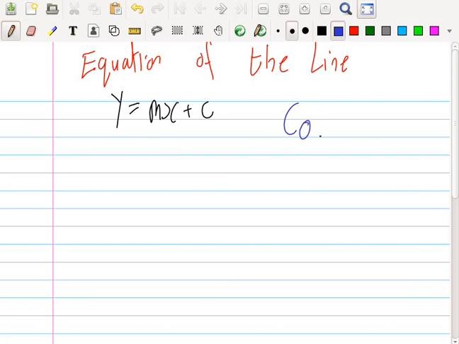Variable? Not too far off with constant. You're already making reasonable guesses, but if I put down the next one, oh yeah, very good. That's it. Coefficients. So that's the name given to this m and this c here.